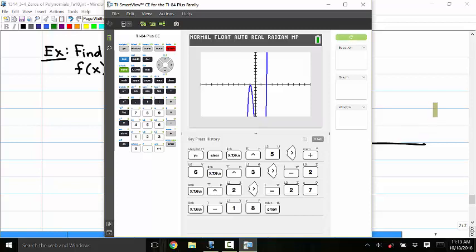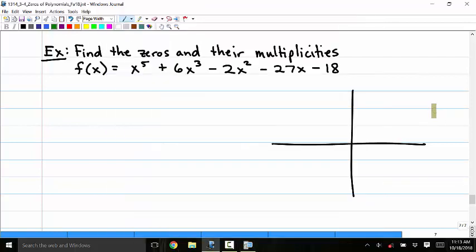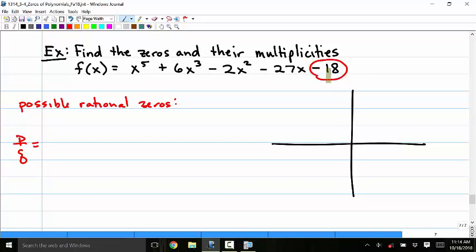So here we go. I'm going to kind of put everything together in this section for you. First thing we're going to look at are possible rational zeros. You remember the form P over Q? So let's go look at possible rational zeros. They have to be of the form P over Q. P has to be factors of 18.